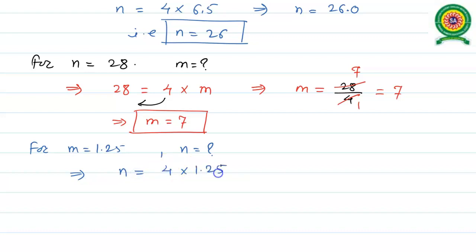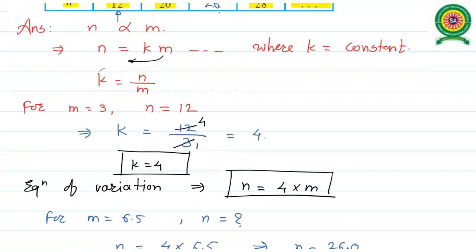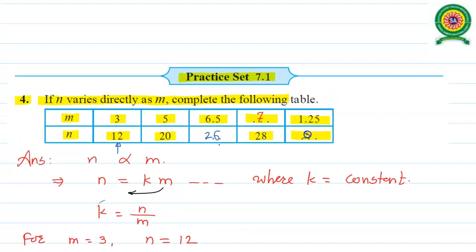With m as 1.25, 1.25 into 4 gives 5.00. Again, zeros after the decimal have no value, so we can write 5.00 as 5. So for m equals 1.25, the value of n is 5.